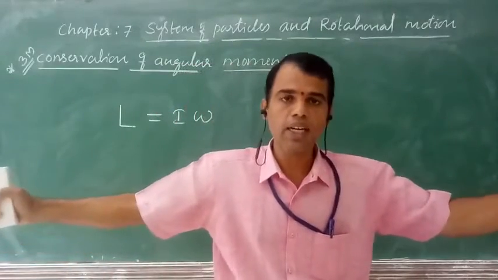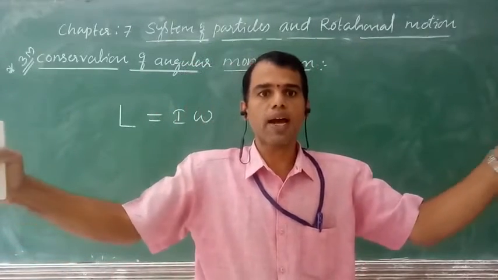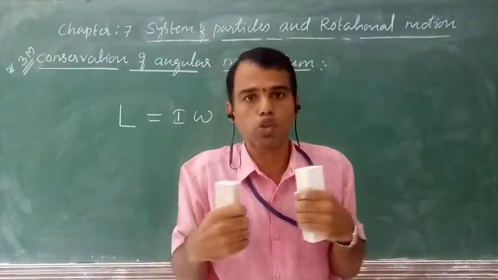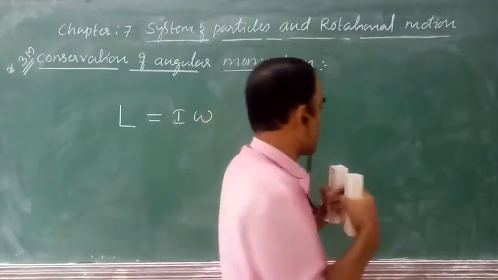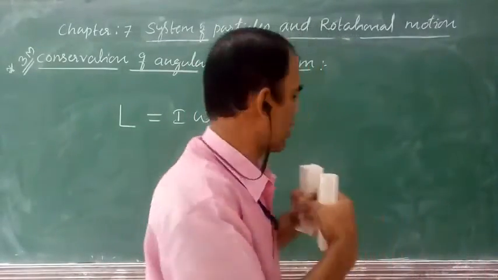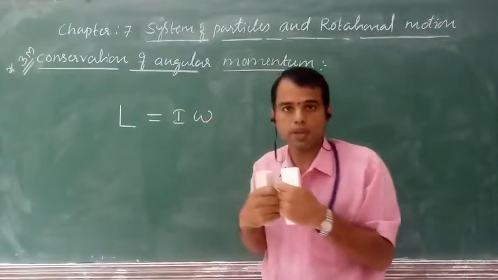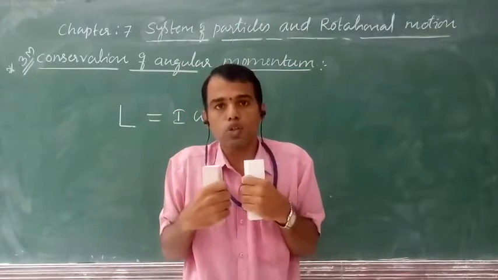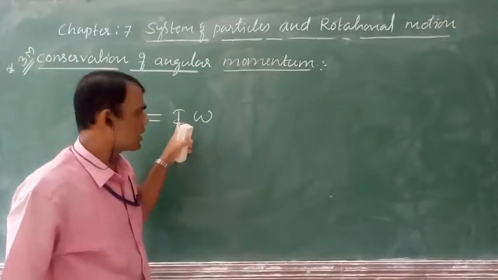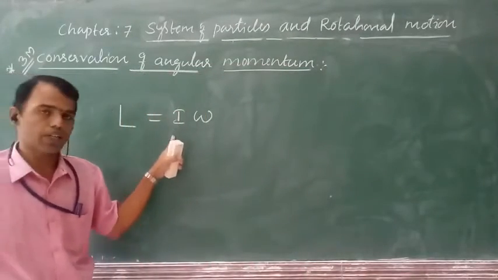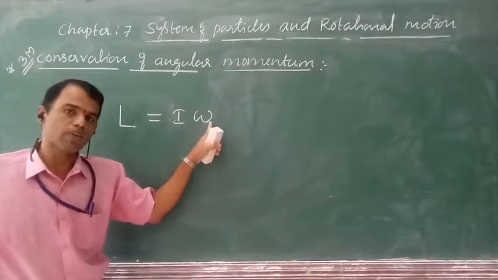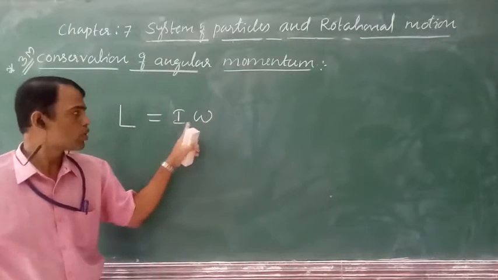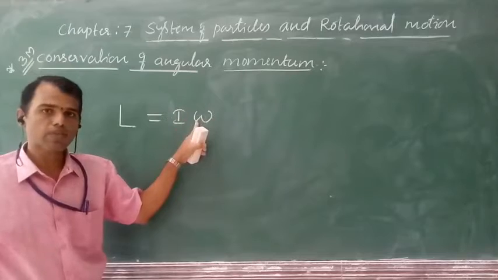While rotating, if she slowly brings both her hands very close to her body, she is able to rotate with a larger angular velocity. This is because when she brings her hands inward, close to the axis of rotation, the moment of inertia decreases, then the angular velocity increases so that their product remains constant.